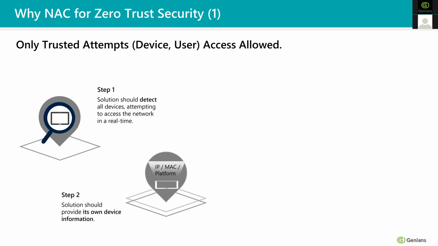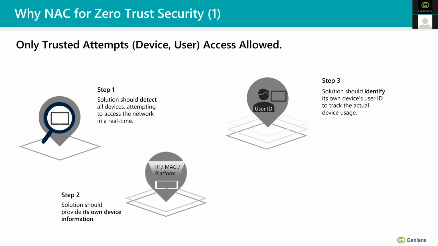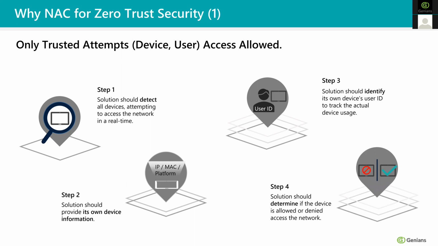Once the device is detected, NAC provides its device information such as IP, MAC, and platform information. Third, user authentication. The detected device's IP and MAC match with the user ID, and then you identify who is who. And last one, NAC finally decides whether to grant the device access to the inside network or not.